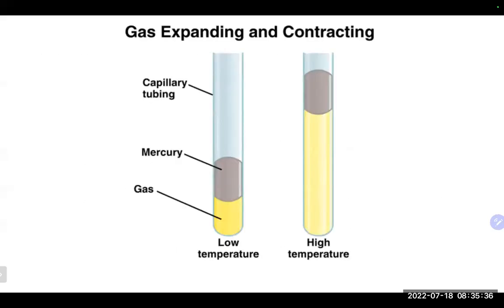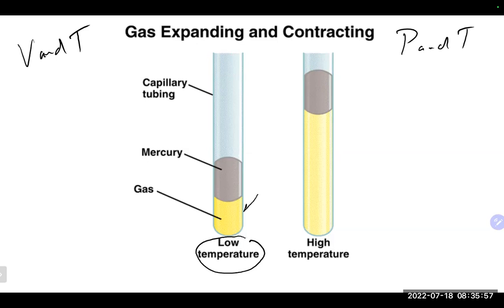The thing that we're going to talk about is the relationship between volume and temperature, and also pressure and temperature. What we're looking at here is temperature and volume, and what we see is that at low temperature we have a smaller volume of gas.